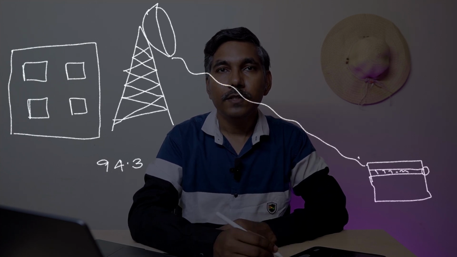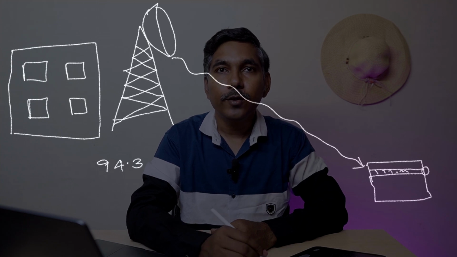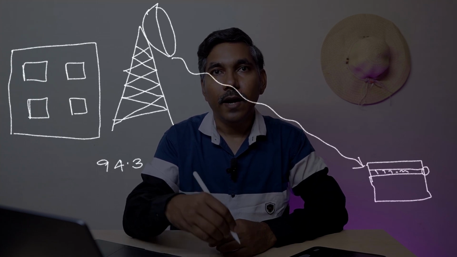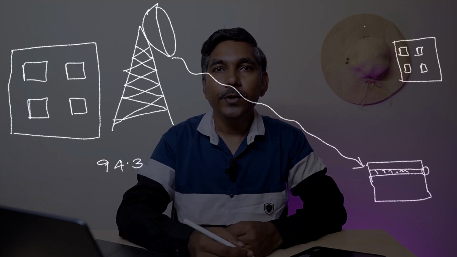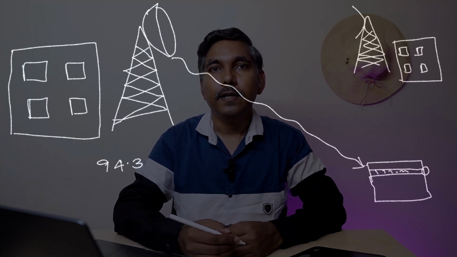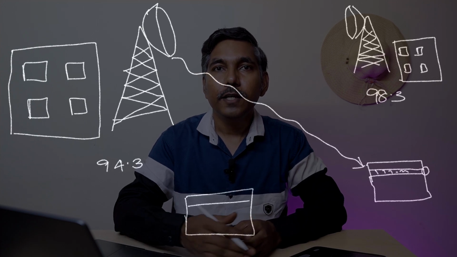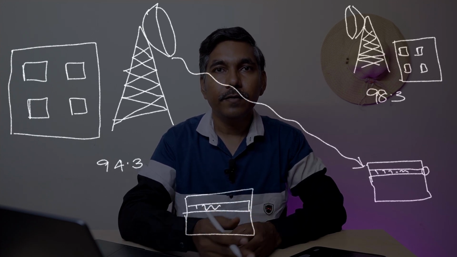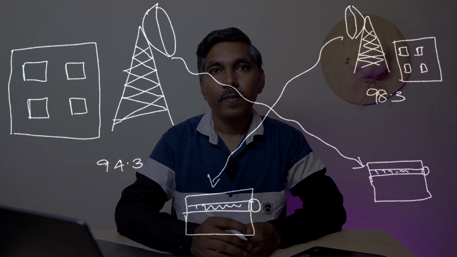Let's say one station transmits at 94.3. Whenever we tune our radio to that frequency of 94.3, we receive the signal that is transmitted. When we tune it to a different frequency, let's say 98.3, we receive the signal from a different station located at a different place, transmitting at 98.3.